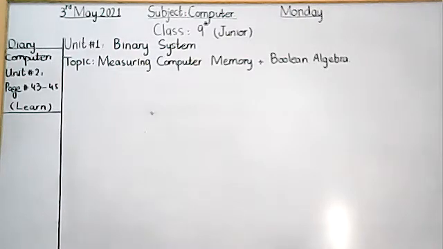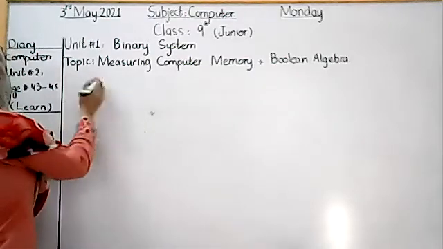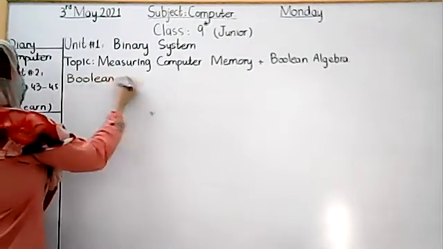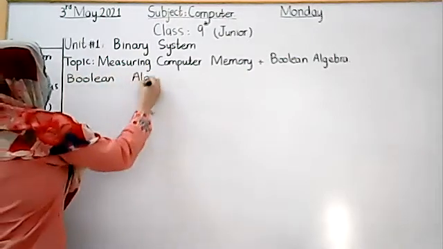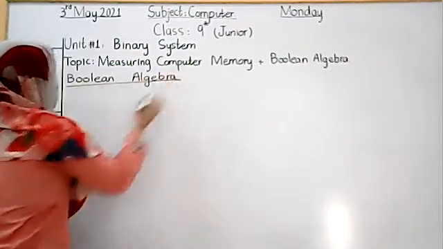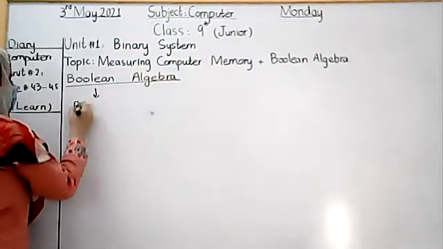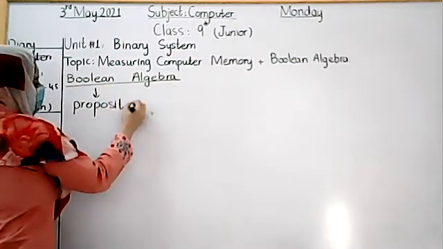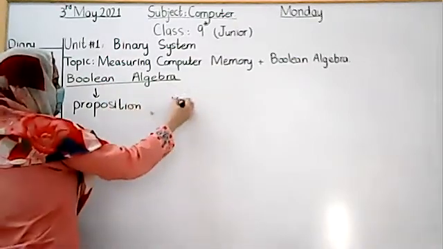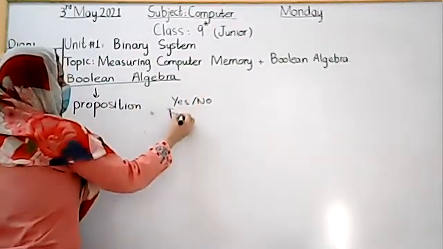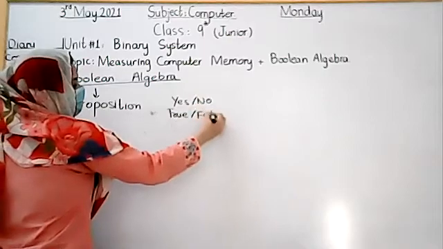Now we will go for the Boolean algebra. What is Boolean algebra? So Boolean algebra basically is a proposition, means a sentence which has the answer yes or no, or we can say true or false.